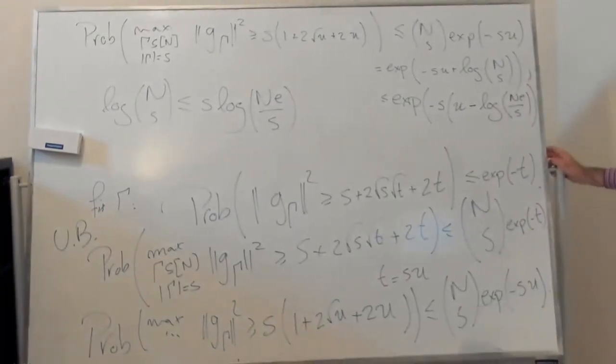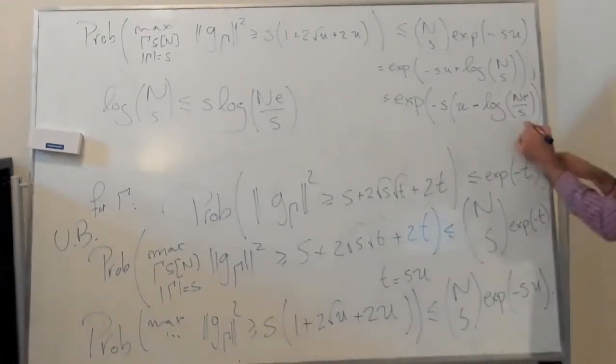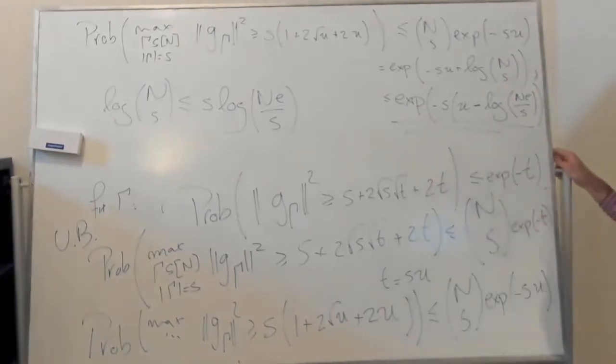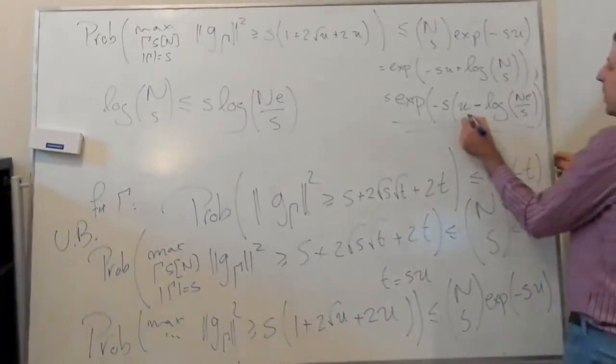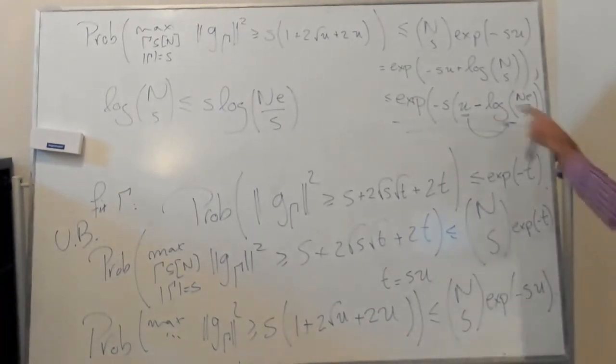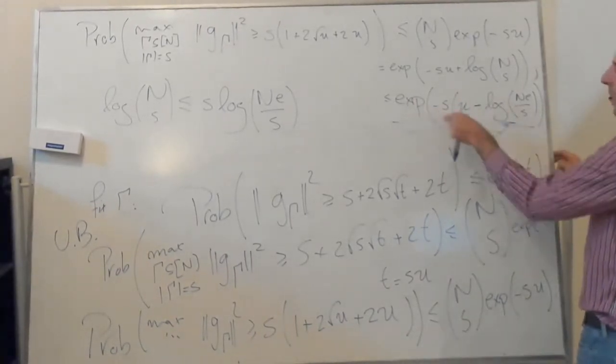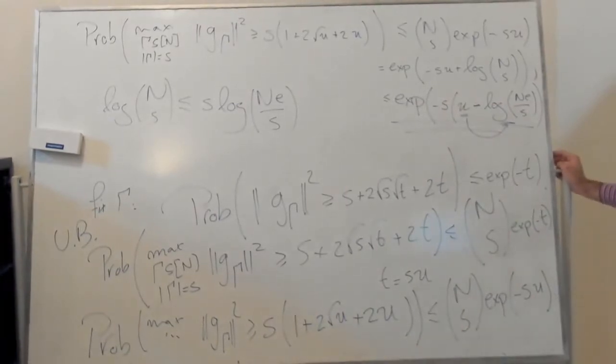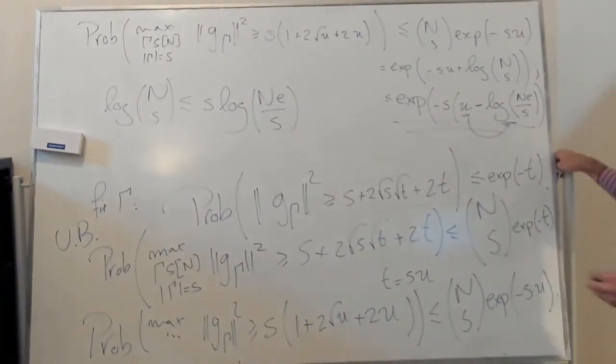So this means that this probability starts being really, really small basically when this term starts beating this one. Because then the thing inside the exponential becomes negative, and so the probability starts being very small.